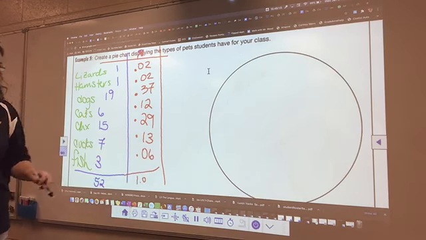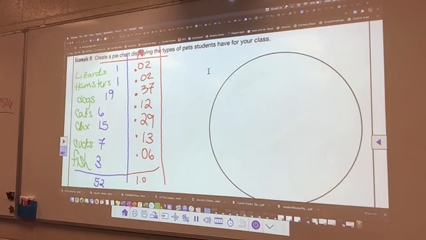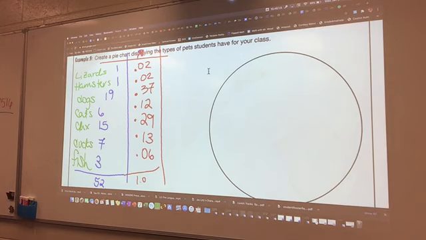I sure hope we're at 1.0. Probably not. If 6 is 0.12, then 15 should be 0.3. But since it's 0.1, 0.5, that's almost 0.1. It adds up to 1.01.